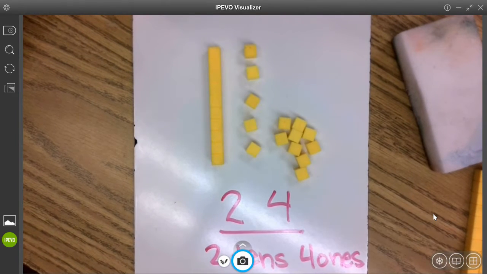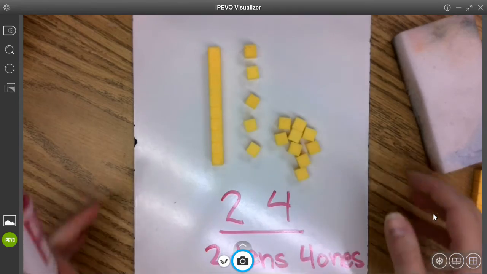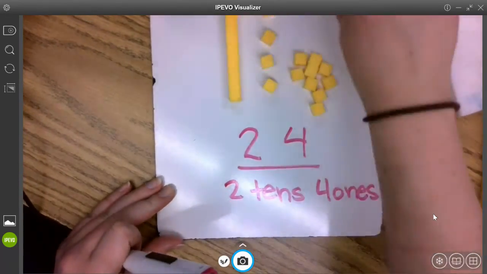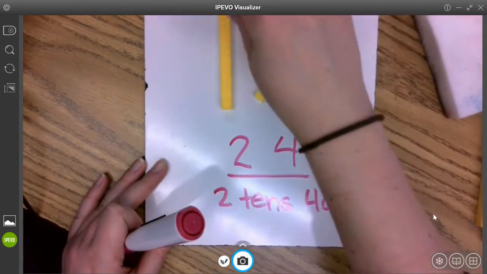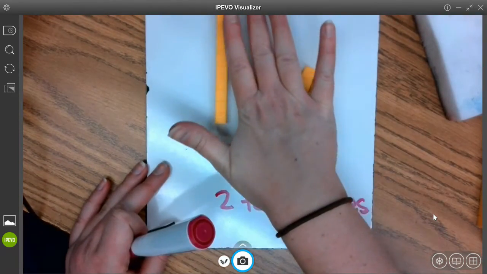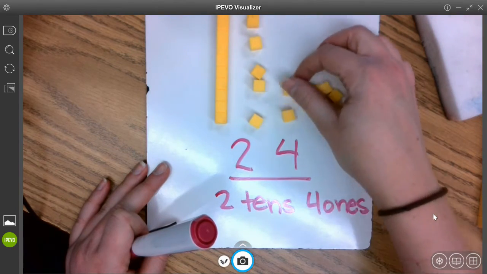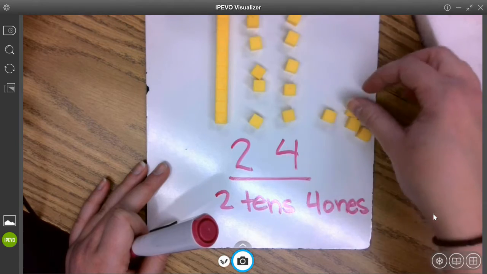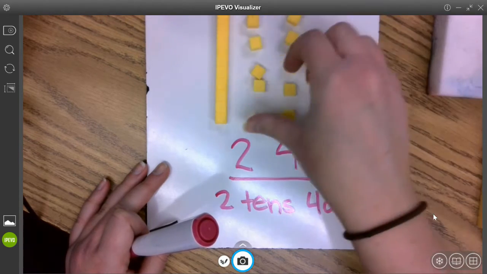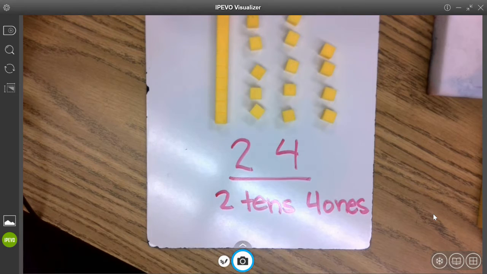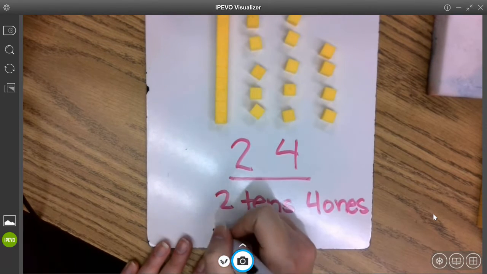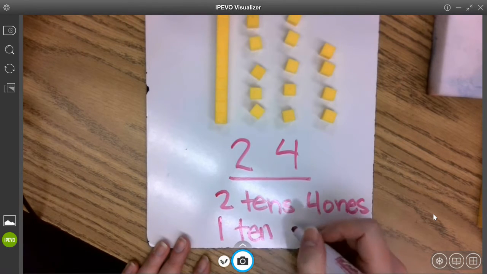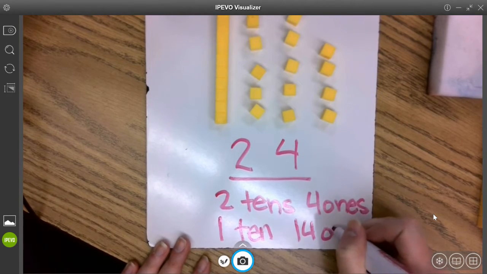Okay, what I had actually done is make it out of a lot more 1s than that. Okay, so I had 5, 10, 11, 12, 13, 14. So what I had actually made out of was 1 10 and 14 1s.